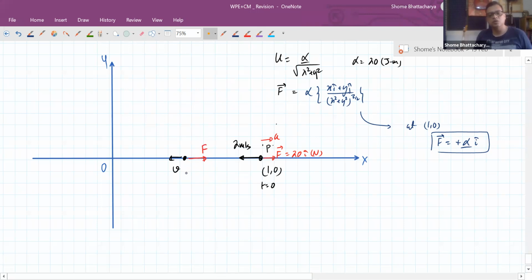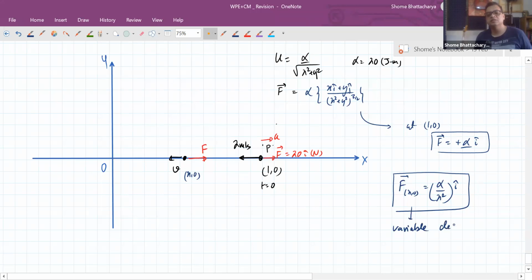So when it reaches some general coordinate, the force at that general coordinate will be of this type. So the particle has a variable acceleration, or you can say it has a variable deceleration, as it moves from that position 1, 0 towards the origin.